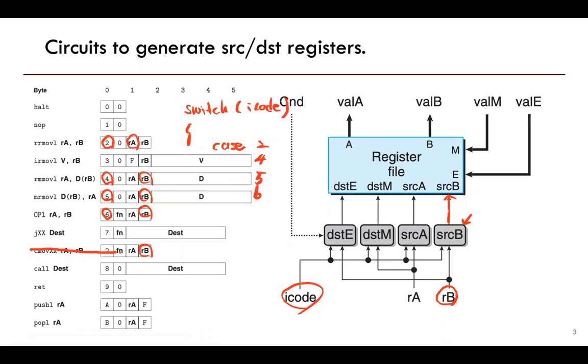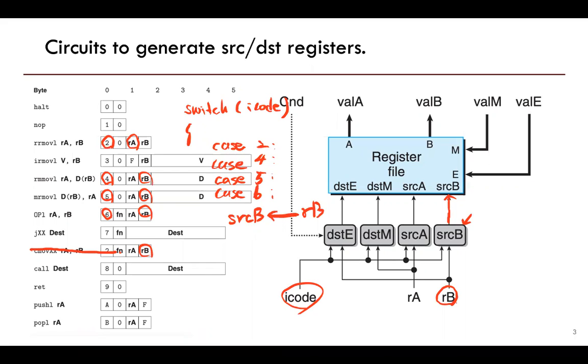So if it is one of these 4 cases, case 2, case 4, case 5, case 6, then let's say source B would be what? RB value. We use RB for source B.